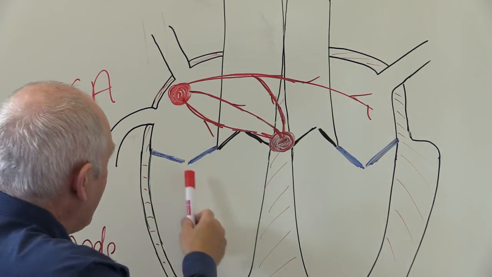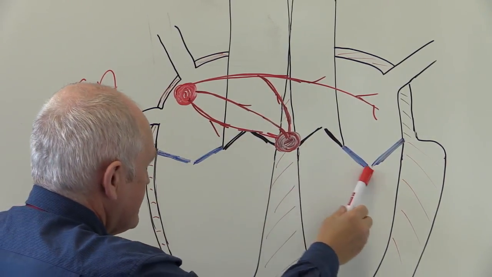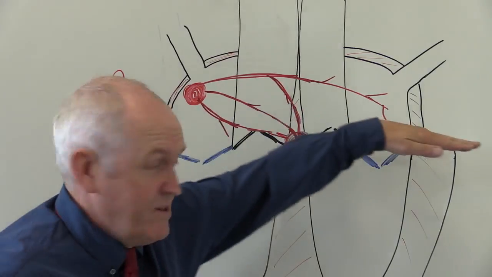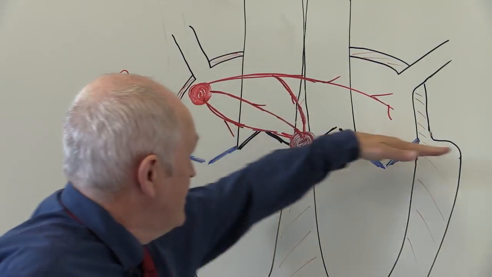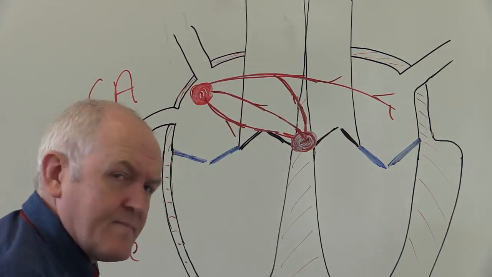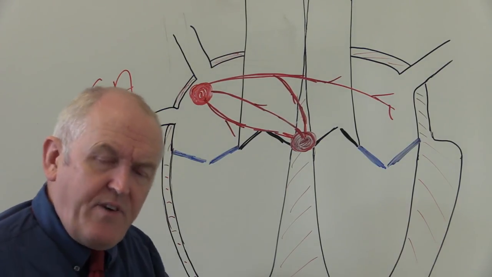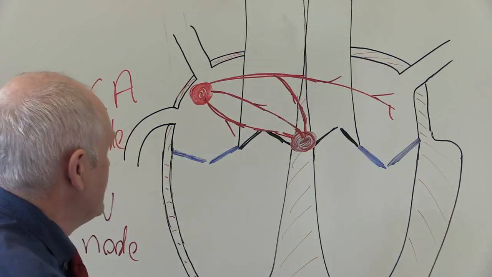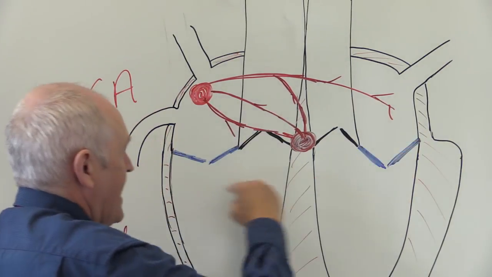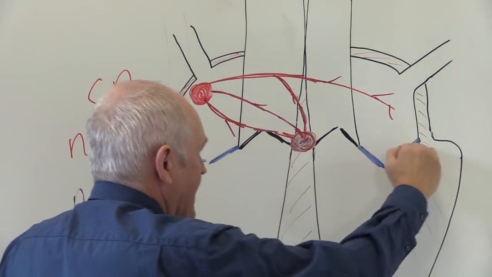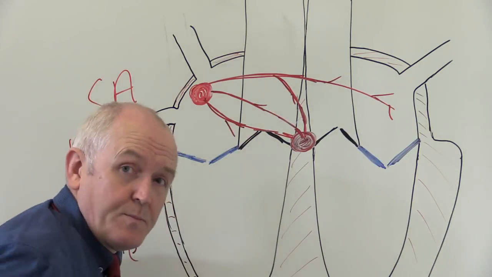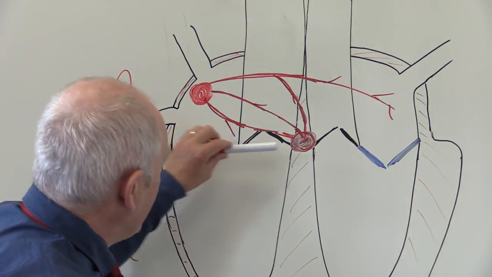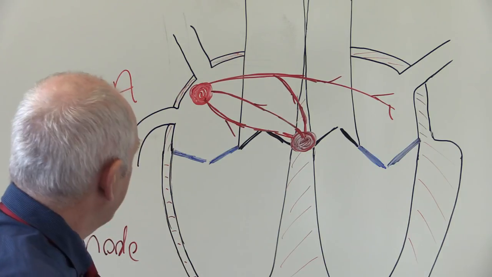Now we notice that the valves are more or less on a plane across the middle of the heart. And the valves are made of fibrous tissue, they're largely collagen. So what we end up with is an atrioventricular ring of fibrous tissue in this valvular plane.